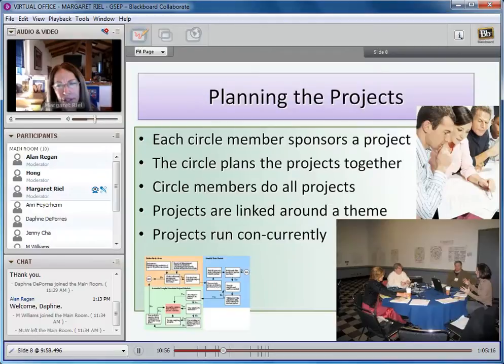So what you have is this two-part system. Instead of one leader, everybody in the learning circle is a leader of a part of the group work. But everybody does the group work, not just the owner of that part. I said there were a lot of different models for group work. One is that you get the group together, they divide up the tasks, and then they all go away and do their individual task and bring it to the group.